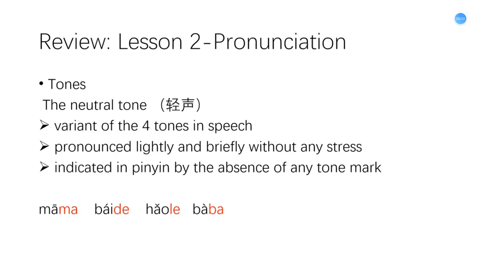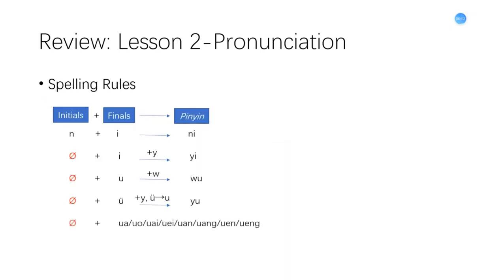We also learn a new writing or spelling rule of Pinyin, concerned with the finals we learned in lesson 2. All the finals begin with U. When there is no initial before these finals, we change the letter U to W. In the writing system we write W and A, and it is pronounced wa, wo, wai, wei, wan, wang, wen, weng.